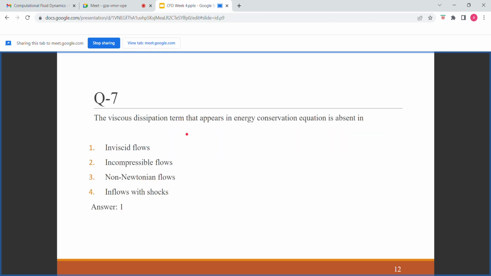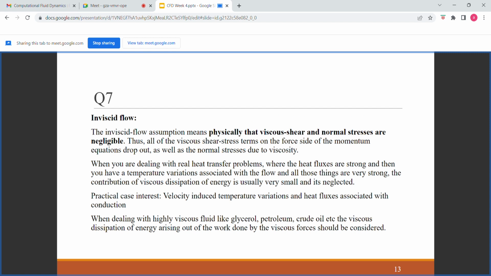So basically, it is asked that the viscous dissipation term, that is the phi v term present in the energy conservation equation, would be absent in which of the following flows. When there are inviscid flows, viscous shear and normal stresses are negligible, and so these terms drop out.